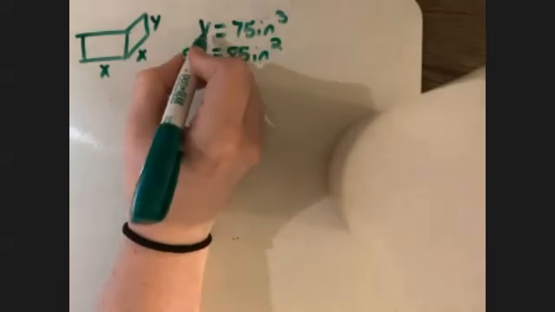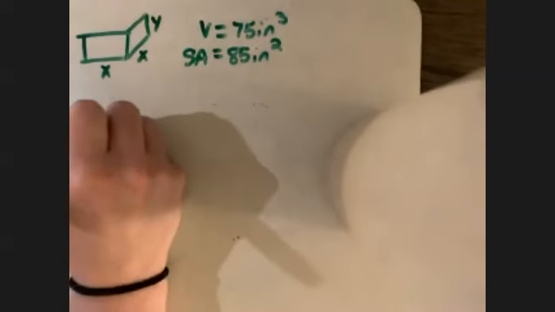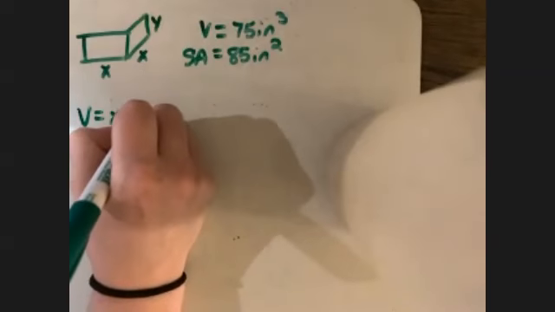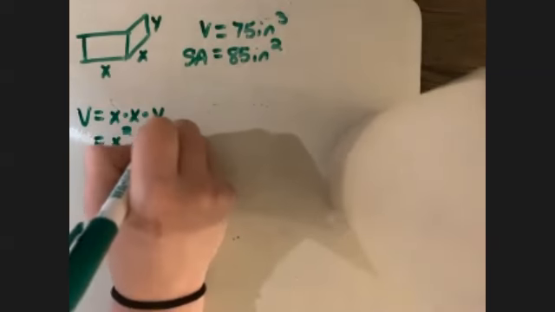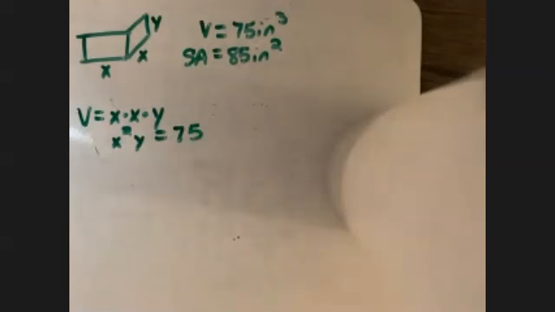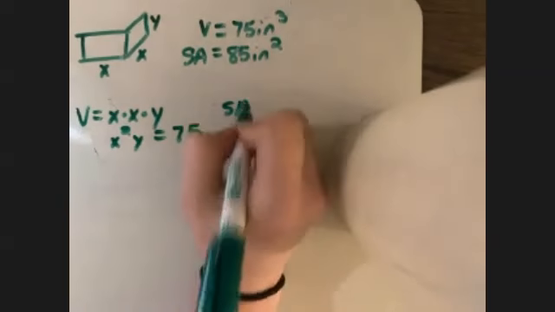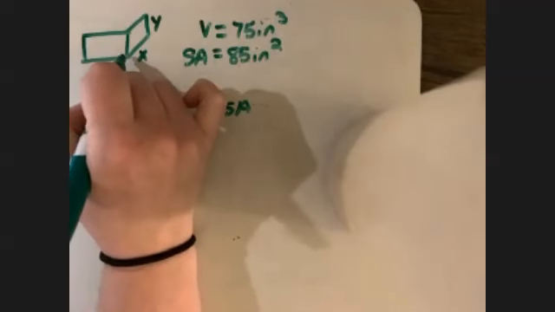Now, first off, volume is length times width times height. So volume is going to be x squared y, and that's going to equal 75. Now, surface area: each of the sides of the box is going to be x by y, so it's going to be xy, 4 times.